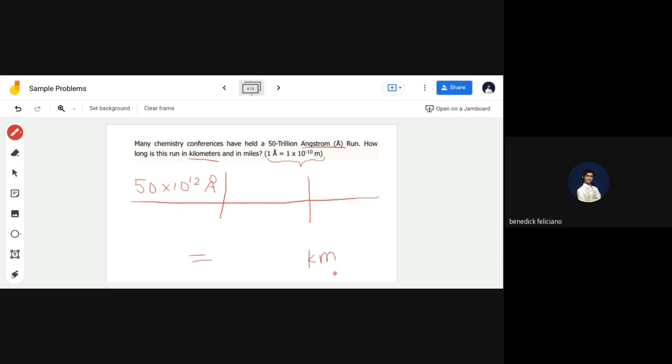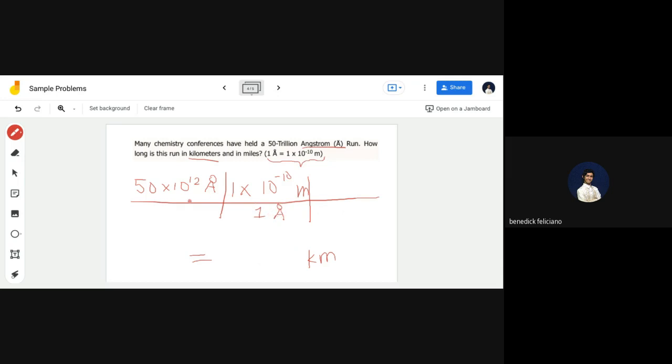To be able to have kilometers, we need to cancel out the angstrom. Meaning, we need to multiply a conversion factor where the denominator is in angstrom. It should be 1 times 10 raised to negative 10 meters over 1 angstrom.